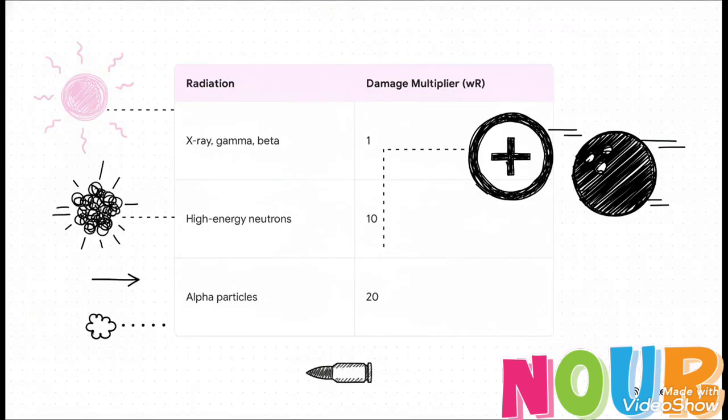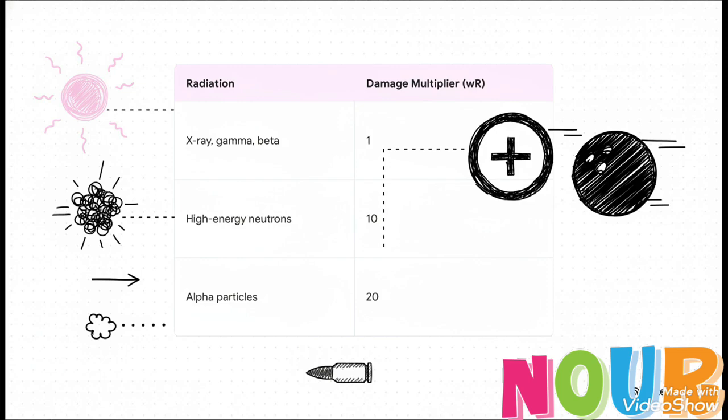So why are they different? Well, because not all radiation is created equal. This table shows this idea of a quality factor, which is really just a biological damage multiplier. As you can see, 1 gray of energy from an X-ray has a multiplier of 1. But 1 gray of energy from an alpha particle, that's considered 20 times more biologically damaging. It's like the difference between getting hit by a bowling ball or a bullet.